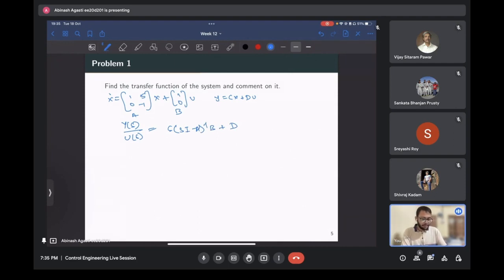So A and B are given. We just have to see, let's say C is 1, 0 and D is 0.